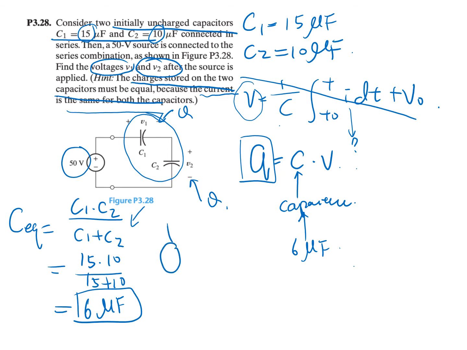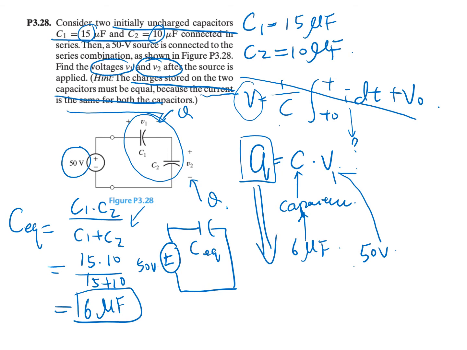The simplified circuit looks like this. This is CEQ, this is 50 volts. Well, for this circuit, we know the voltage value, that's 50 volts. So for this circuit, we can actually calculate the charge. So that is 6 microfarads times 50 volts, and this is equal to 300 microcoulomb.